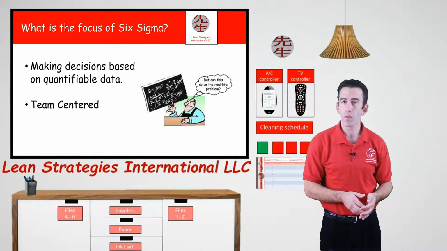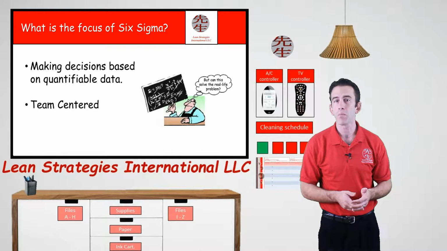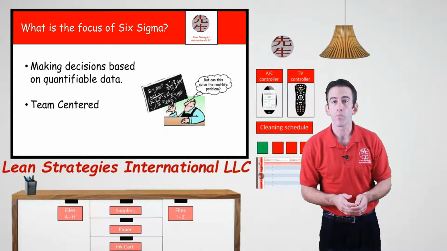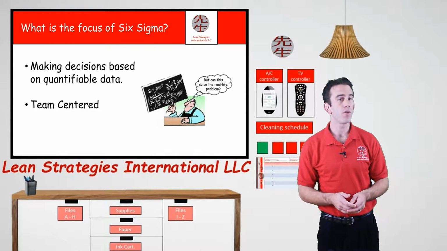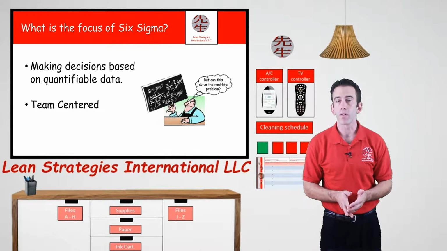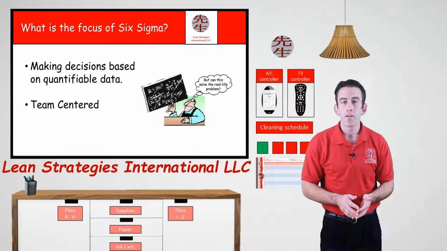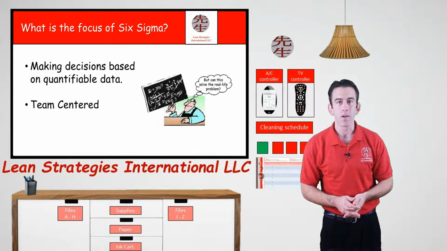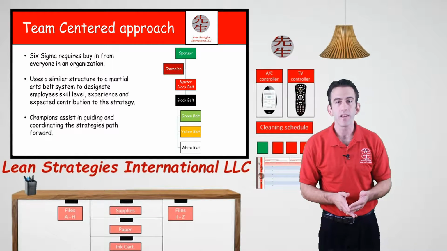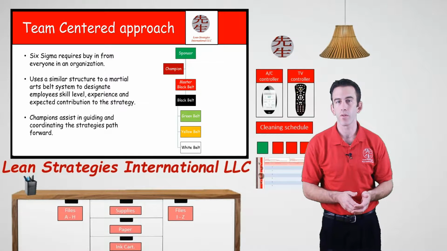Along with quantifiable data and measurements, Six Sigma takes a very team-centered approach to improvements, which in turn requires buy-in from all individuals in an organization. Everyone must support the strategy's direction from the top all the way down the pyramid and back up again. One of the ways that Six Sigma accomplishes this team-centered approach is by borrowing from the martial arts belt system.